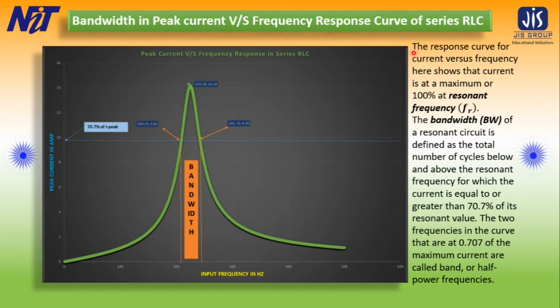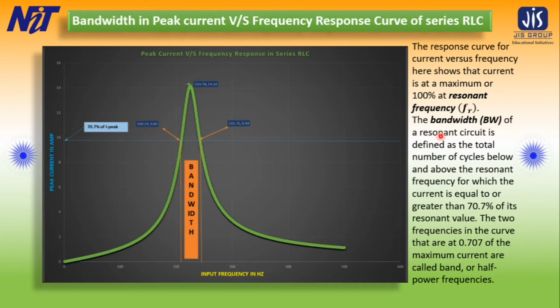So what is bandwidth? The response curve for current versus frequency shows the current is at a maximum, or 100% resonance, here, which is denoted by FR or f naught.